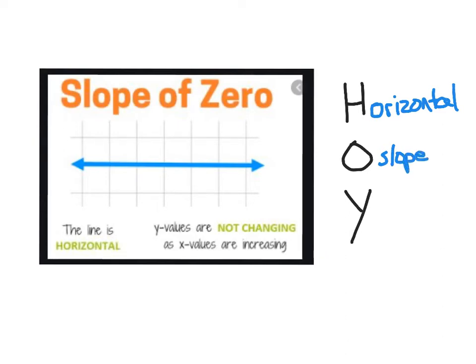That's the O with the zero. And then the Y is going to stand for the equation, and we'll understand this in a second. The equation for this would be y equals the value, and I'll explain that in a second. But remember this HOY, okay?